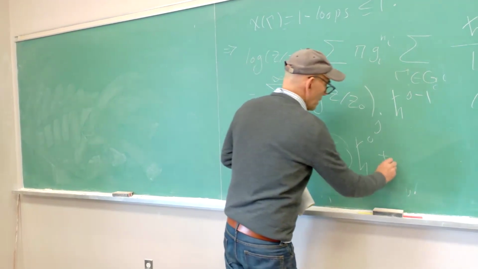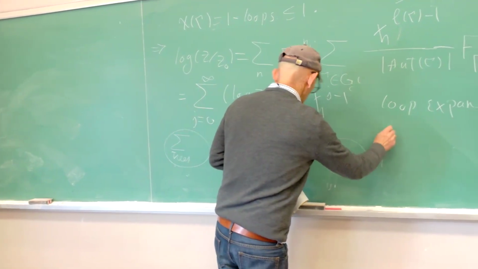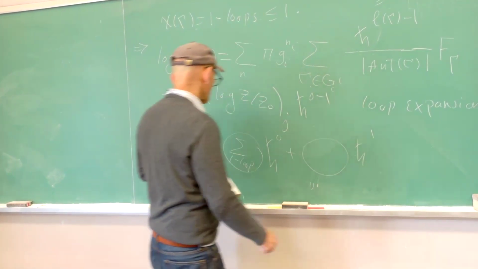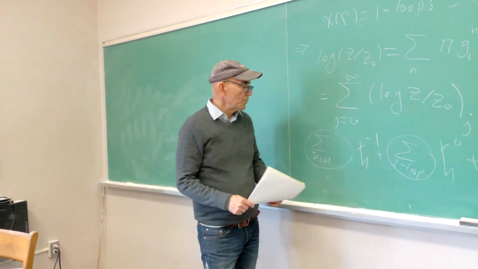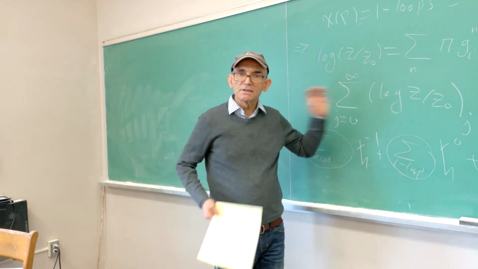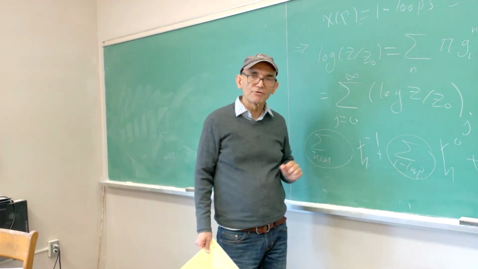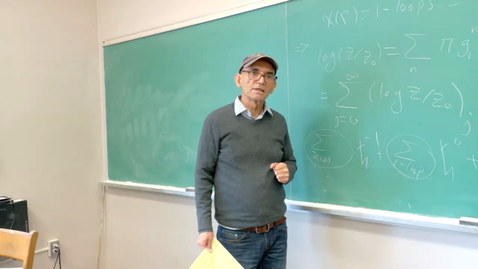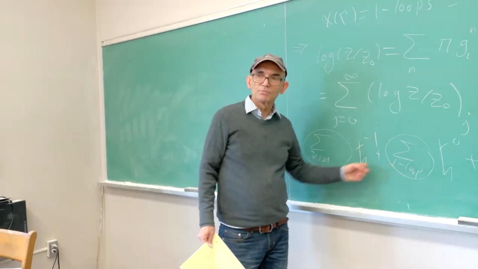Plus, and then of course there are two-loop graphs, and so on. But the beautiful thing is that these two terms you can identify easily in terms of classical and semi-classical information. For most calculations, actually, these two are the most important.